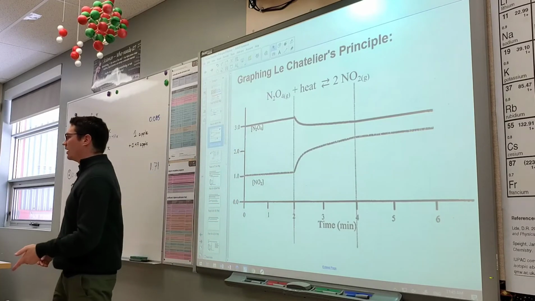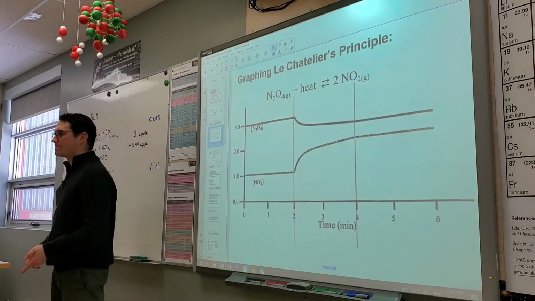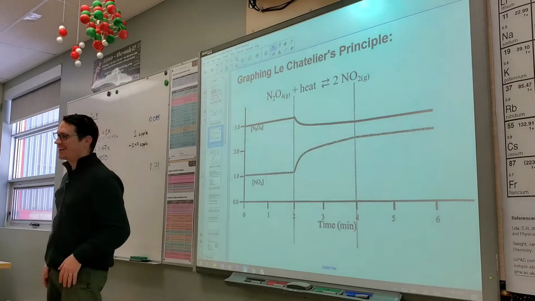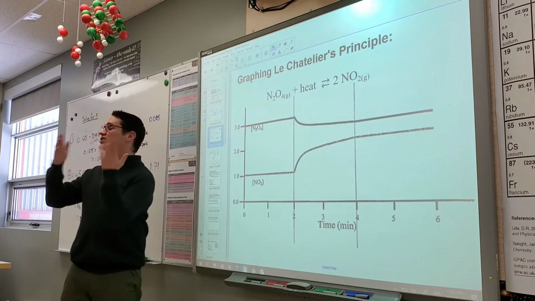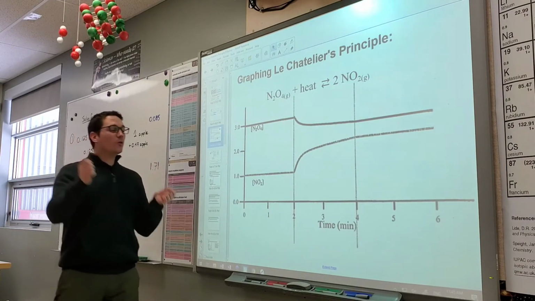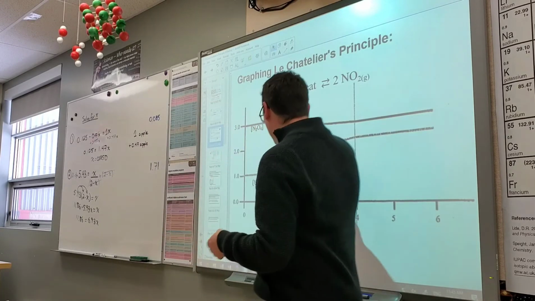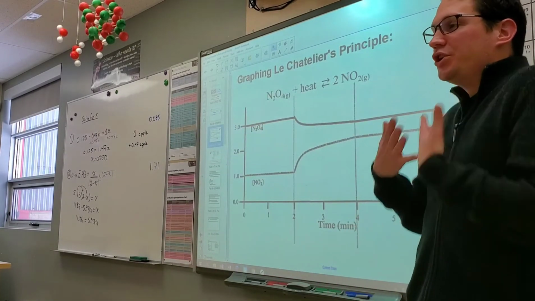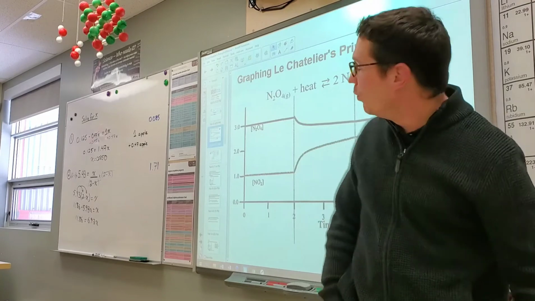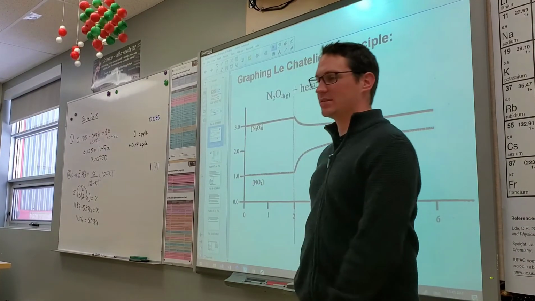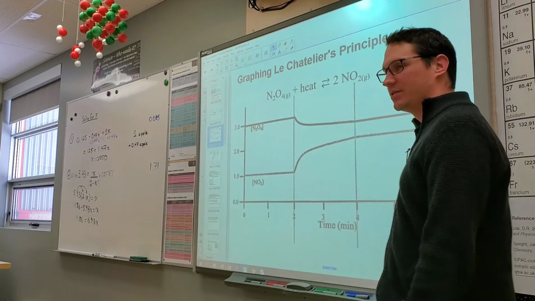How do you know it's already in equilibrium? Because they're straight lines, because these concentrations aren't changing. Then right at 2 minutes, we do something to this system. What is it that we did? Look at the bottom half of your page.